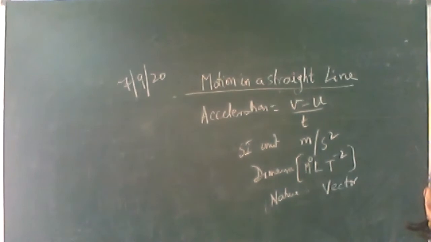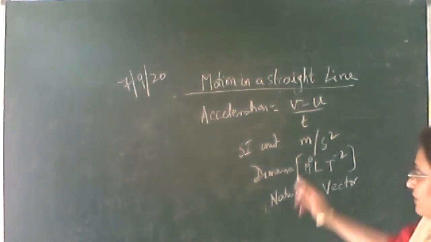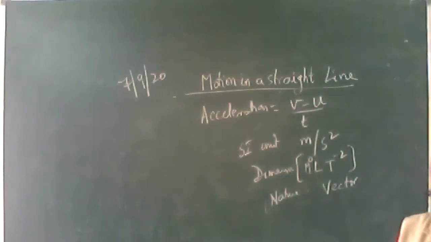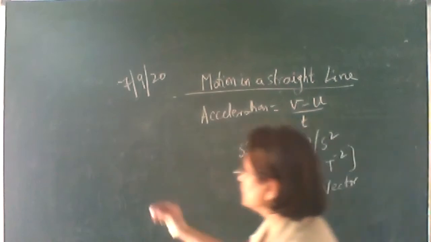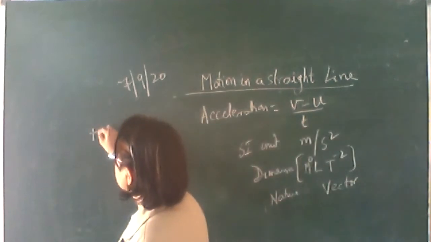Okay, this acceleration also can be positive or negative. Positive acceleration, we call it as acceleration only. When will this acceleration be positive? When v minus u is positive.